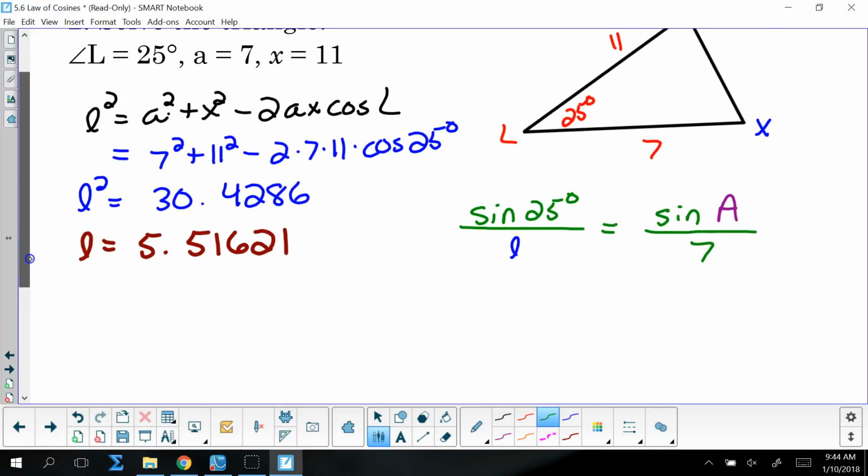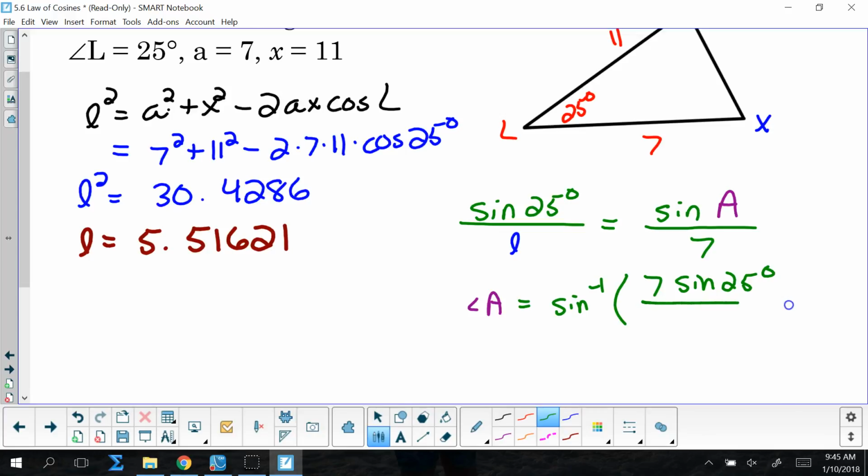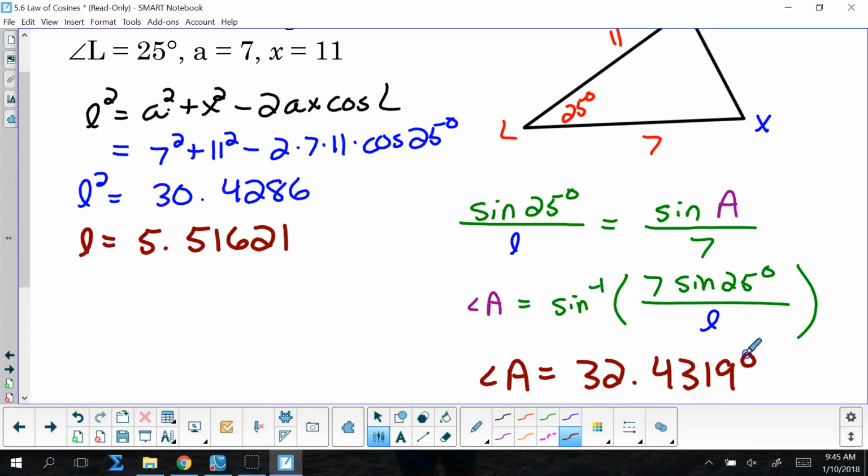So angle A is going to equal the inverse sine of 7 times the sine of 25 degrees divided by side L, and that gave me angle A is 32.4319 degrees.